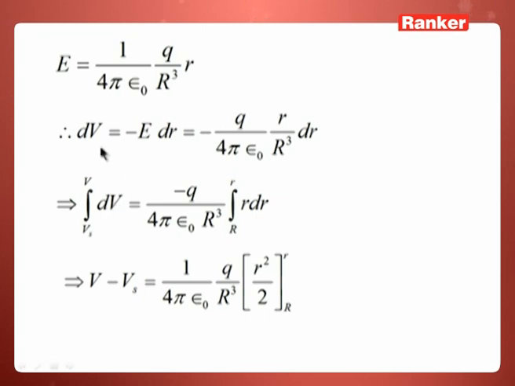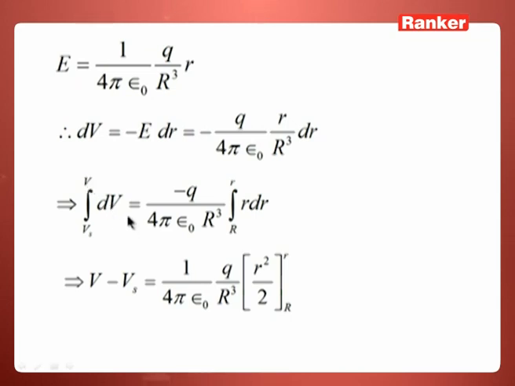Now when we want the potential at that point inside the sphere, we have to integrate between the limits Vs to V, that is, V on the surface to the point where we are considering the potential as V. So observe this integration carefully. It is the integral between the potential on the surface to the potential at the point, dV.